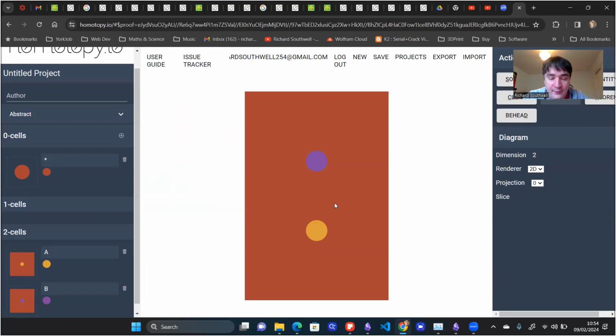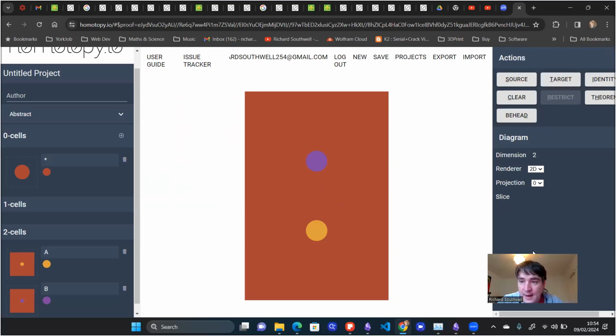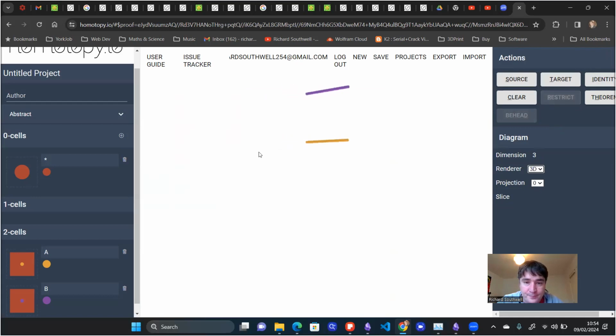We have this setup here. What we can do is take the identity of this, so now we have this 3-cell here. You can think of it as a world line of these orange and purple particles.